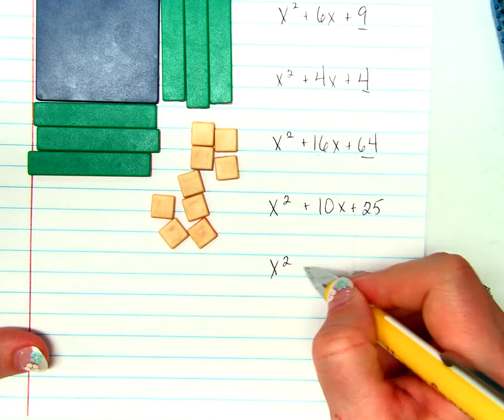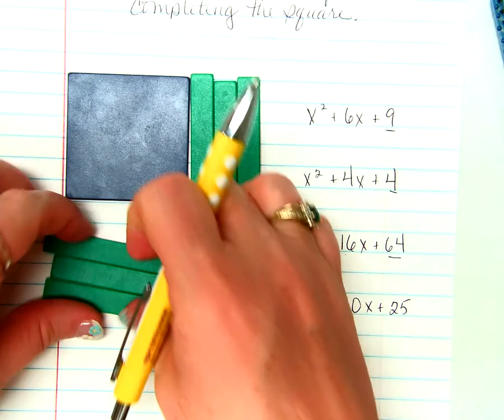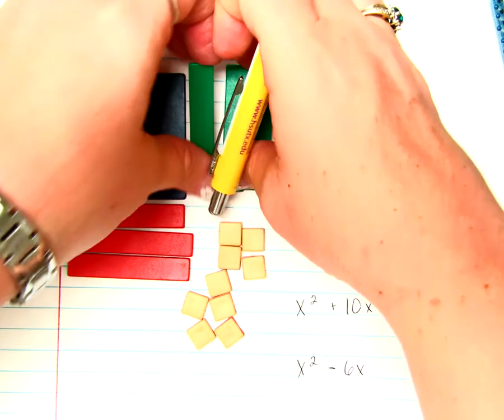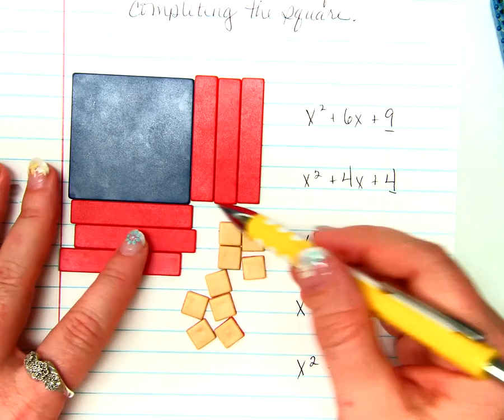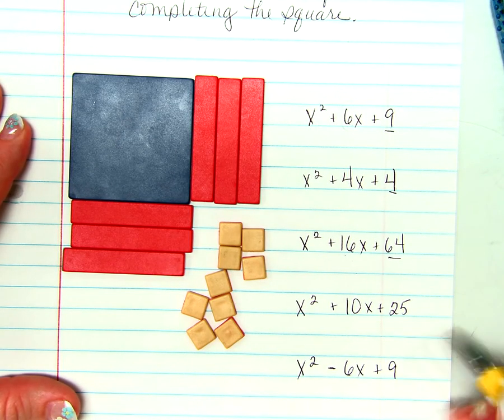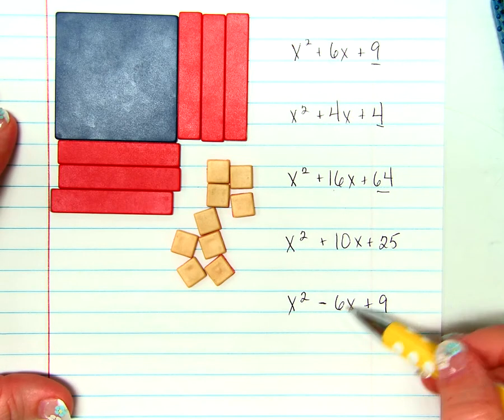What about x squared minus 6x? So these would be red because it's minus 6x. Negative 3 and negative 3. Guys, what is negative 3 times negative 3? That's still 9.